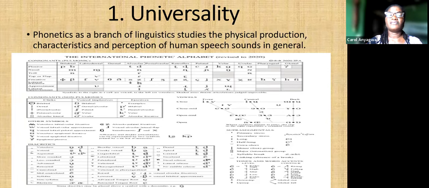And that is why one of the bases of the study of phonetics is the International Phonetic Alphabet, which is a reference point for all the sounds of every language. The symbols you see on the screen are symbols representing different sounds from different languages, and they are universal because phonetics is universal.